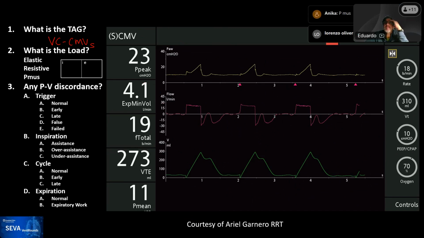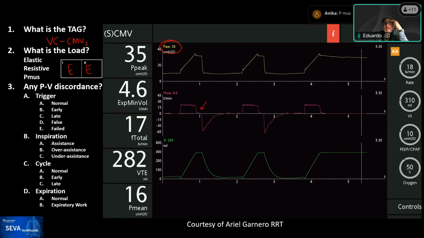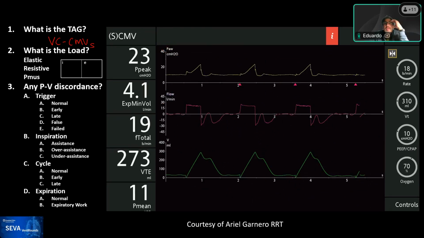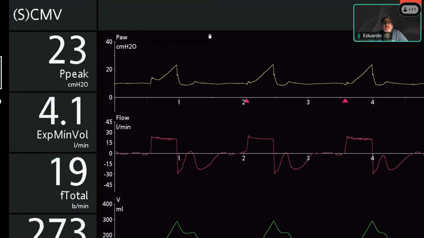Yeah, excellent. So now you can see from a passive waveform, you see how you were requiring a peak pressure of 35 with a plateau of 30. And now the peak pressure has gone down to 23. You can see that depression on the curve, instead of being a straight line, you see that scooping that is occurring over here. And I'm going to make it big just for the viewing pleasure of the team.